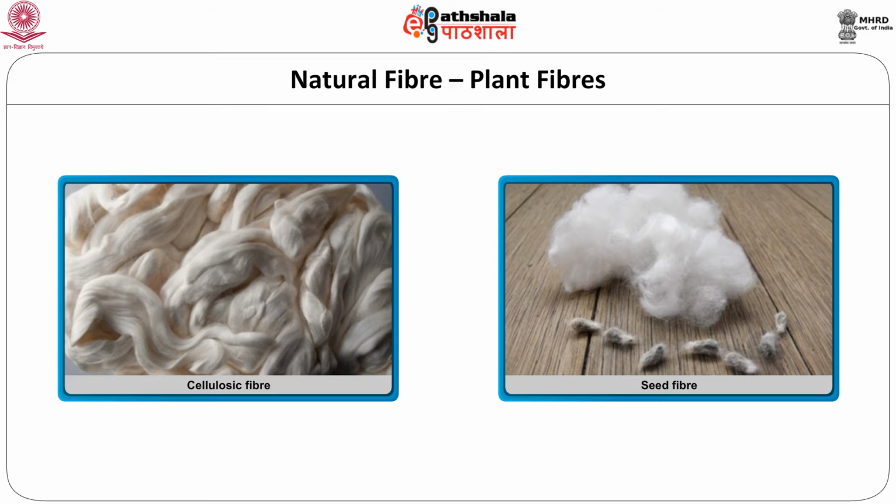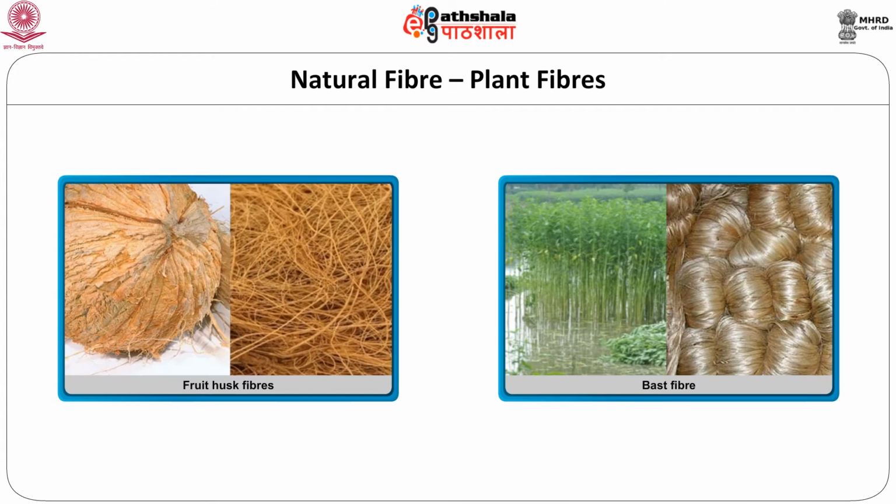Seed fibers. These are the fibers obtained from seeds of the plant, for example, cotton and kapok. Fruit husk fibers. Fibers which are extracted from fruits of the plant are termed as fruit husk fibers, for example, coir and palm fiber. Bast fibers.